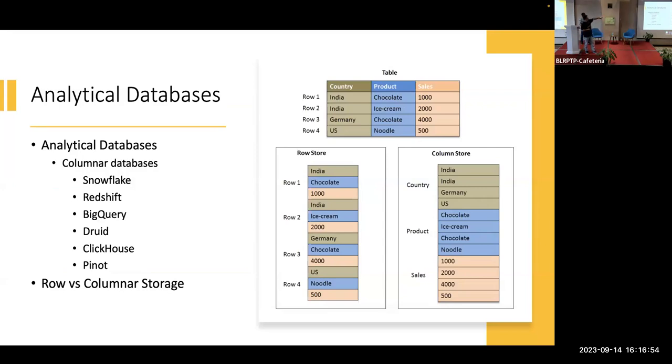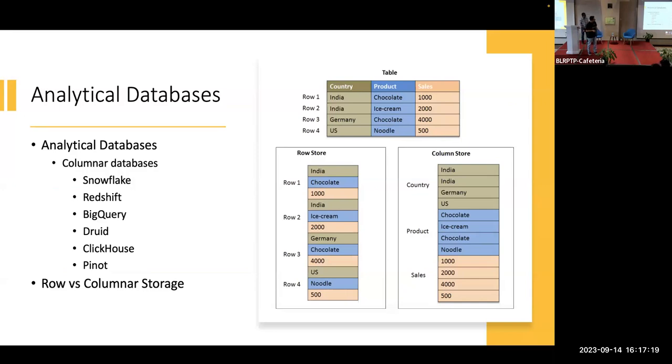At the top, there's a table with country, product, and some sales numbers, and there are 4 rows. In the row store, the picture on the bottom left, you have the first row with all its columns represented together. Then the second row, which is India, ice cream, and 2,000 units sold or something like that. And then you have everything row-wise.